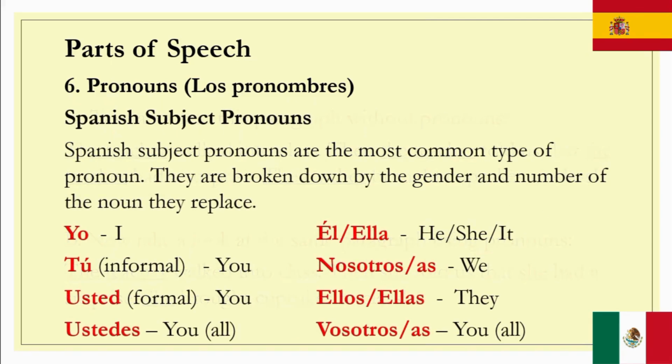language. So Spanish subject pronouns are the most common type of pronoun. They are broken down by the gender and number of the noun they replace. That's why in the verbs earlier, it becomes more complex when it comes to conjugation, as you don't just conjugate it based on the tenses but also based on its person and number.